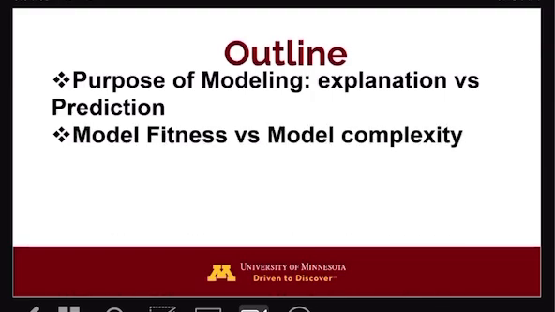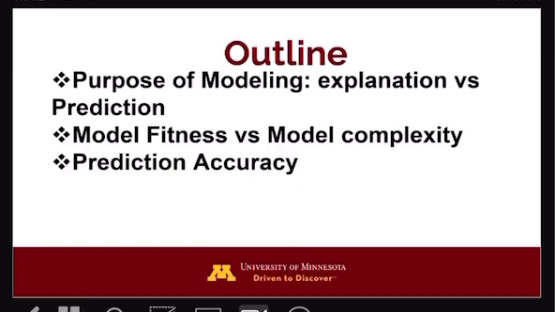I'm also going to discuss the difference between model fitness and model complexity, and the combination of the two. One, model fitness, the other one, model complexity, and the other one, the combination of the two.